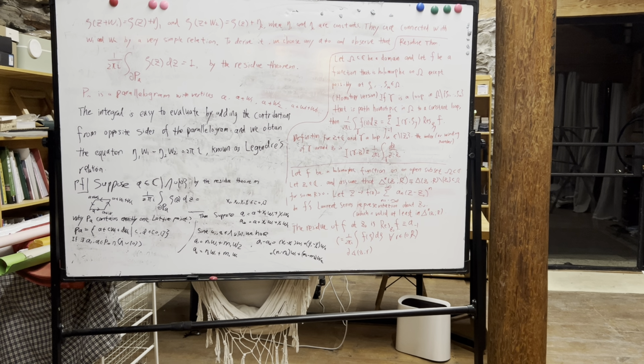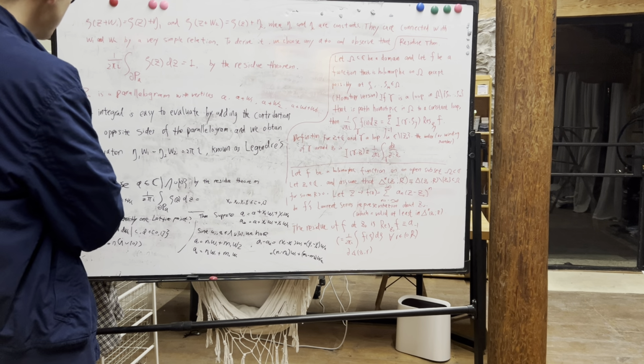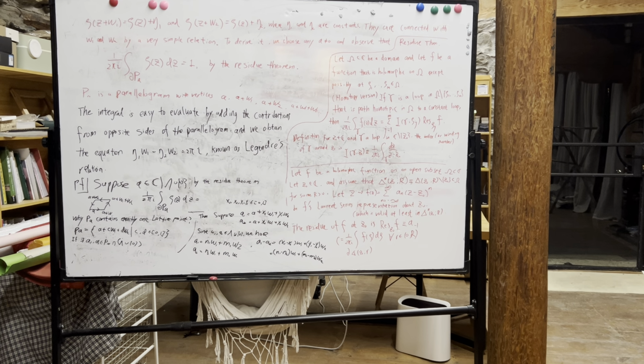Okay, so since we know this, I think by linear algebra, right, omega 1, omega 2 is a basis that spans the whole C, right?